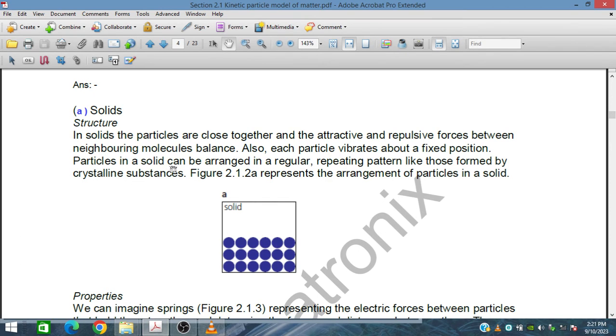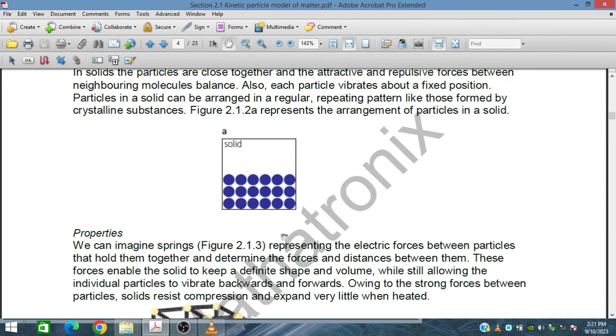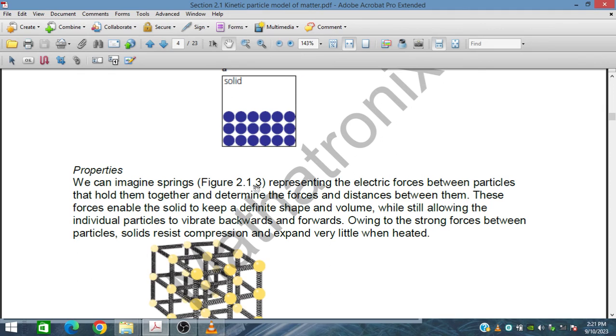The particles in a solid can be arranged in a regular repeating pattern like those formed by a crystalline substance. Figure 2.12a represents the arrangement of particles in a solid. We can imagine springs representing the electric forces between the particles that hold them together. So this particle vibrates here and there like this. This spring structure is used to show that they can vibrate in different directions.